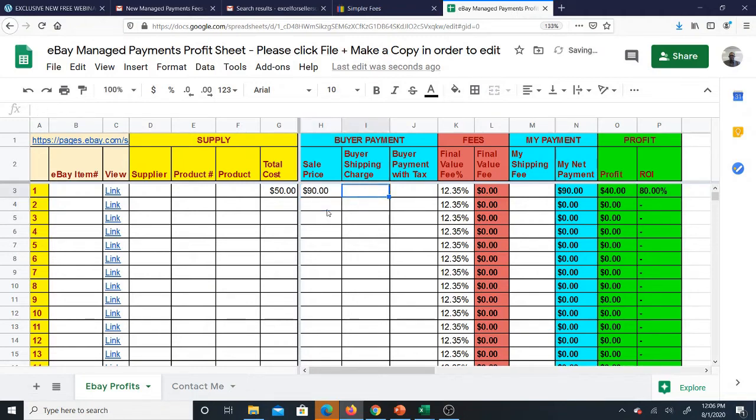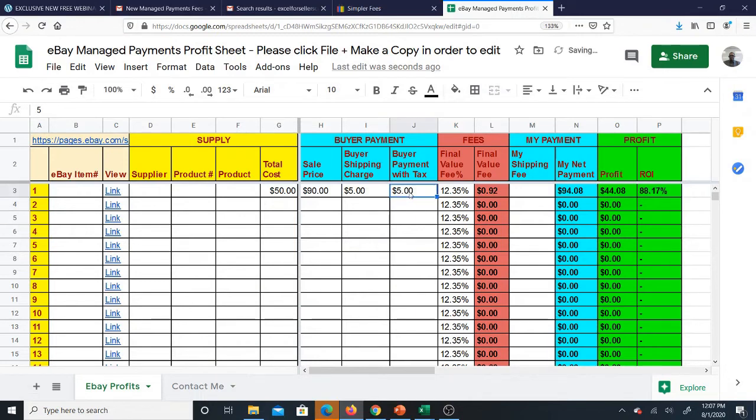Then you have the buyer shipping charge. You charge the buyer $5 for shipping, let's say. So that means the buyer, you figure, is paying you $95. However, the buyer also might be charged tax. Let's say the tax is $5 as well.